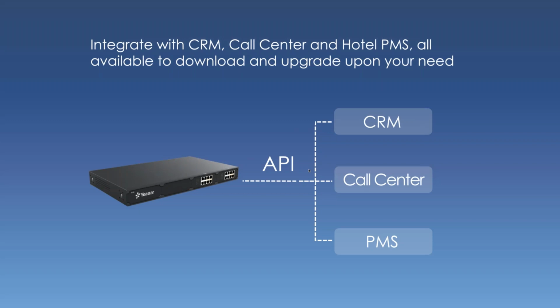So we can use the API to help them customize the solution. Now that's very flexible. So in other words, we can provide the solution not just for SMB, basic telecommunication solutions. We can also provide solutions for vertical users, like call centers, like property management systems for hotel users.